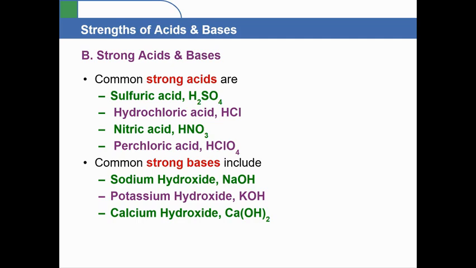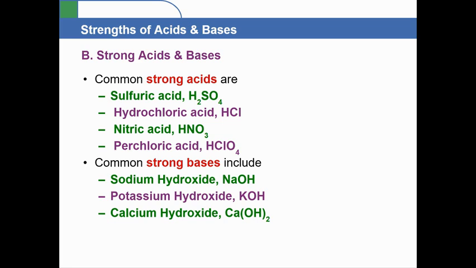Now, basically, these are things that you will just have to know based upon experience. We know sulfuric is a strong acid because it has strong acid tendencies. There's nothing in the name or the formula that will tell you, hey, look, this is a strong acid. I'm sorry about that.